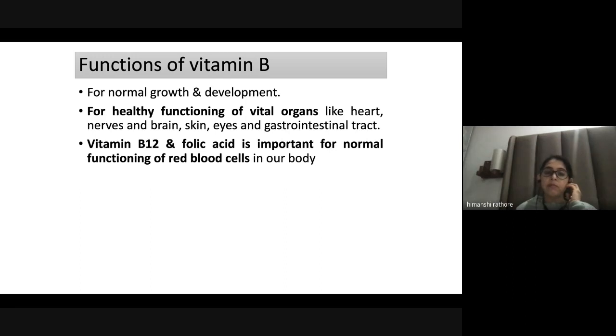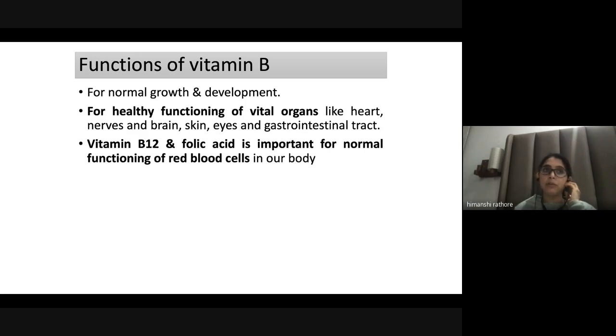So when you are deficient in folic acid and B12, your hemoglobin won't be synthesized and you will be deficient in red blood cells. And what happens when you don't have an appropriate amount of red blood cells in your body? You will develop anemia.